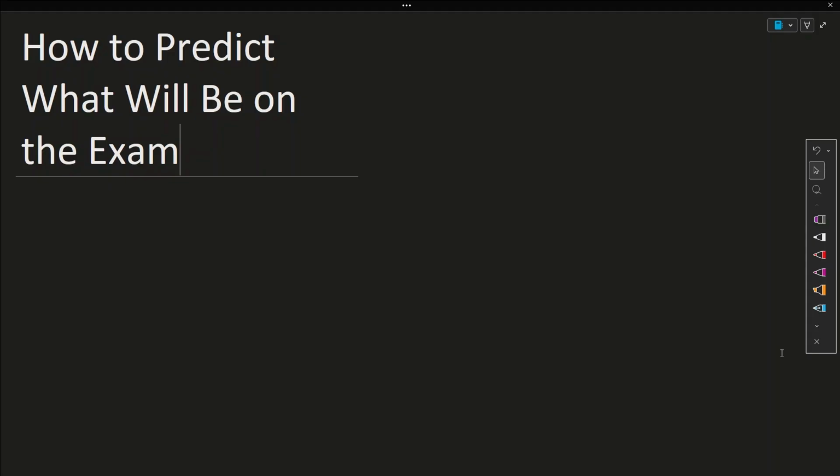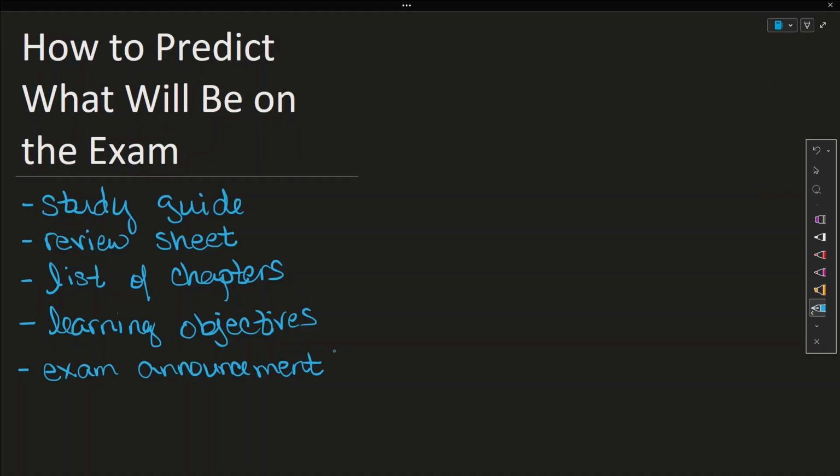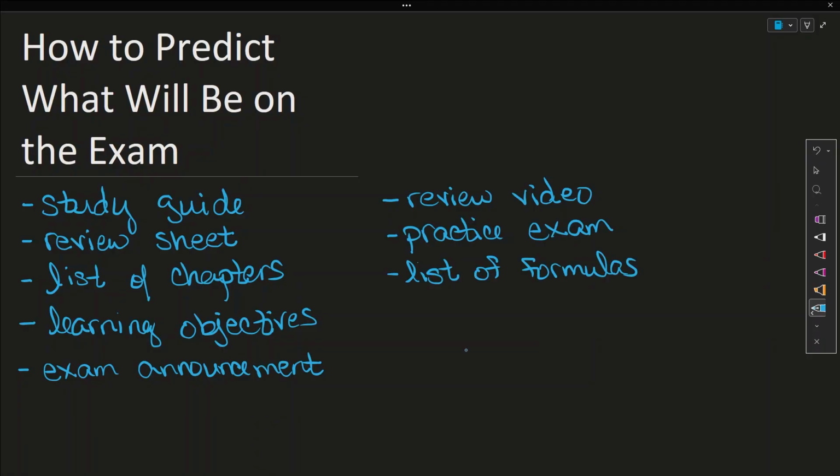Let's begin with the most obvious source, information provided by your instructor. Check whether your instructor has given you a study guide, a review sheet, a list of chapters or sections, learning objectives for the course, an exam announcement on Canvas or Blackboard or whatever LMS you use, a review video, a practice exam, a list of formulas, or a description of the exam format.